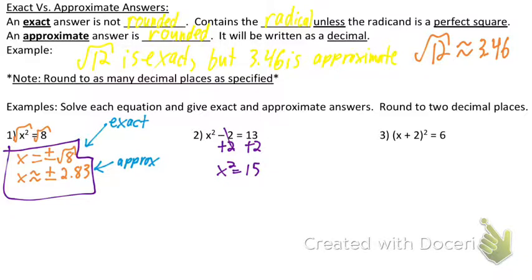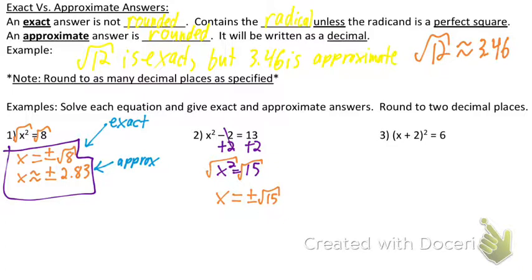Yes, so we're ready to square root. What's the square root of x squared? x. Do we know the square root of 15? Is it a perfect square? No. So we need to give an exact answer. So x is exactly positive or negative square root of 15.